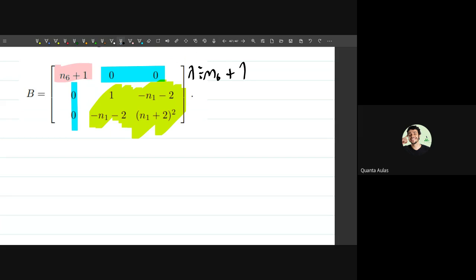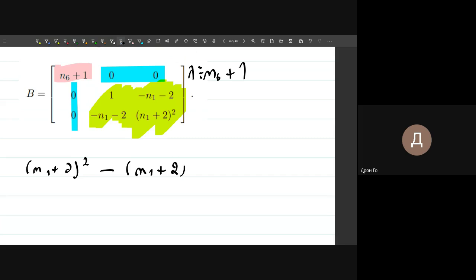So I will do the determinant of a 2 by 2 matrix. This line minus this line here. But this line here has negative, negative, so everything is positive.